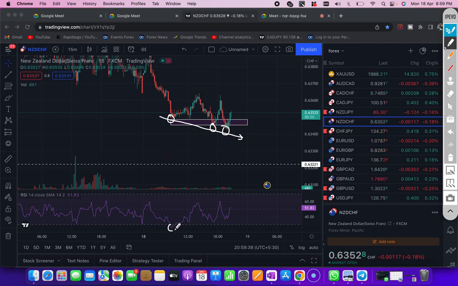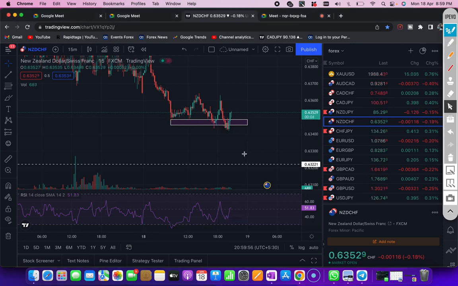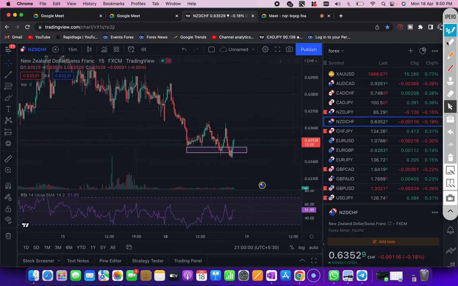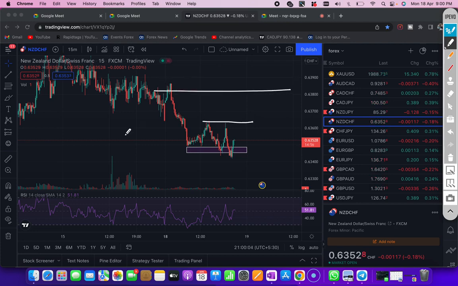Have we spotted a divergence? Definitely. It is a bullish divergence. So you can expect two targets, one right here and another right here.